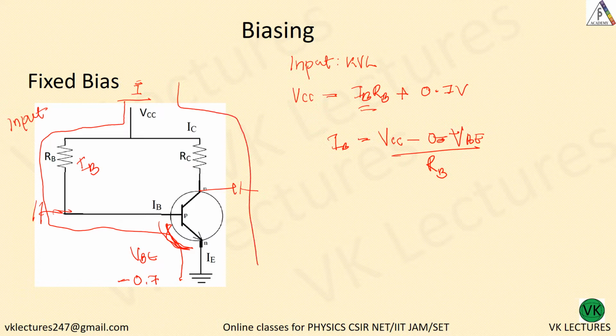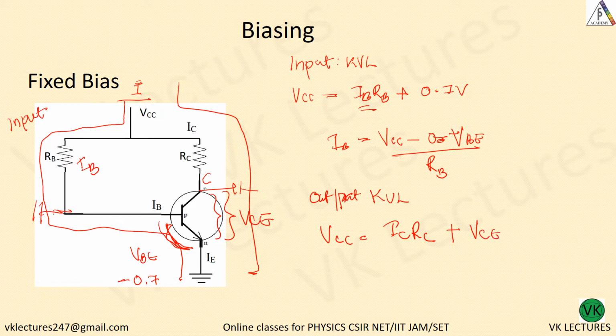This is the output, and VCE is the voltage drop across the collector and emitter terminals, C and E. Applying KVL to the output, VCC is equal to IC times RC plus VCE.